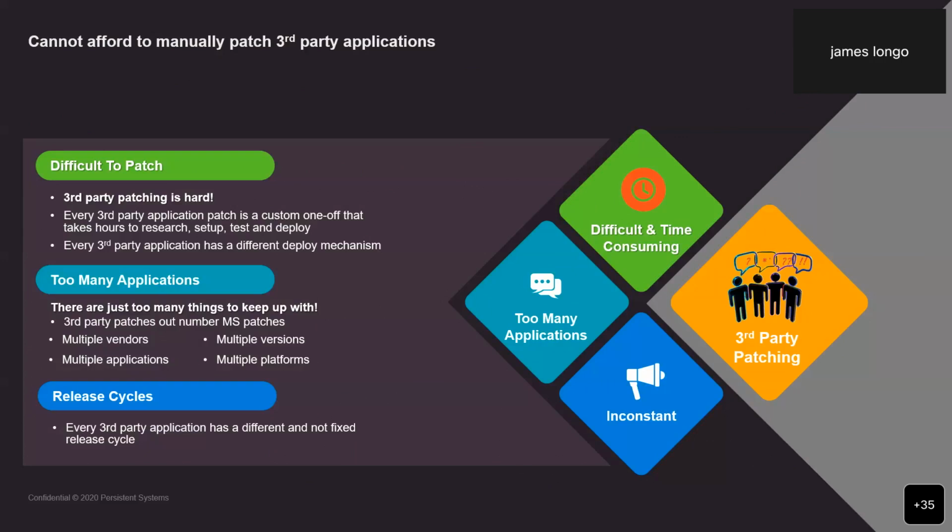So with Legacy Patch Manager, we do have the ability to use our custom XMLs to create custom patch services. So we can patch nearly any application. However, it's a manual process, right? It takes hours to research, set up, test, and deploy a custom bulletin. So it's not practical to use custom bulletins to patch every third-party application.